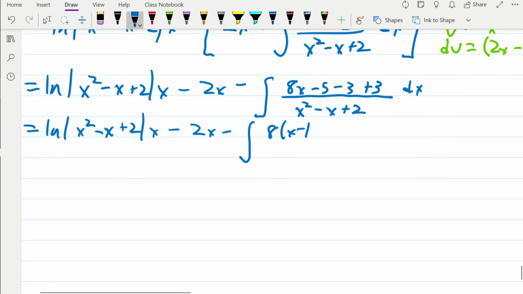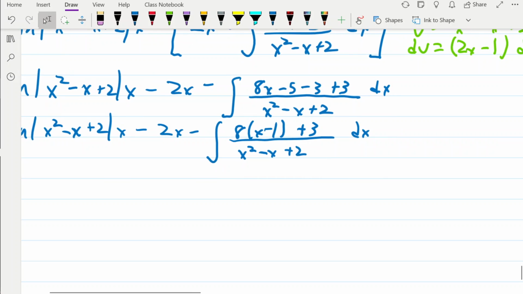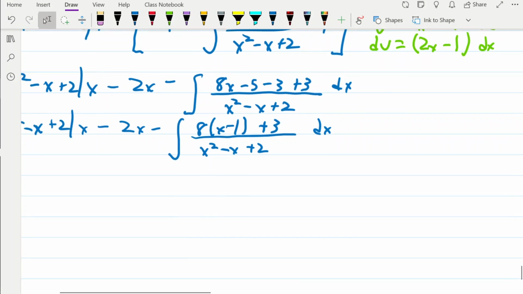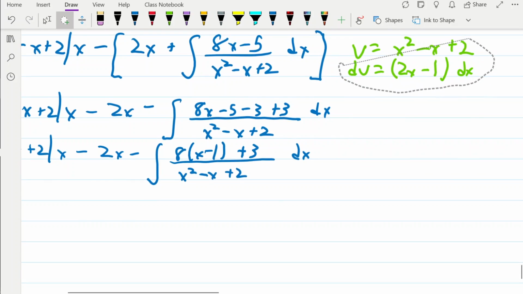So the integral becomes the integral of 8 times x minus 1 plus 3 over x squared minus x plus 2 dx. So this integral will then be split, and we're going to be able to use our u substitution that we have right here.